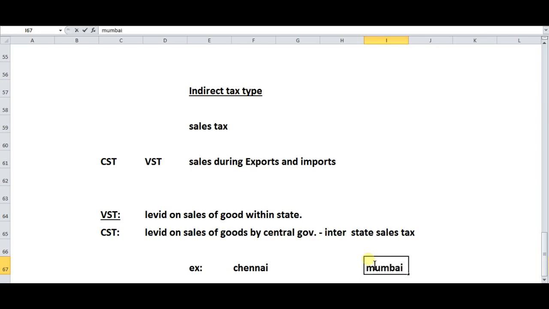So you need to send a product from Chennai to Mumbai. Here the CST comes into the picture. When your sales happen between two different states, you have to pay the sales tax to the central government.